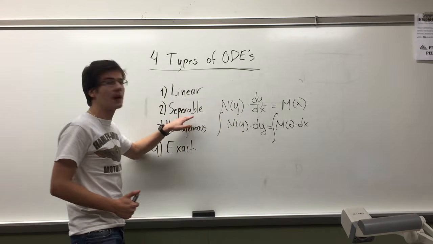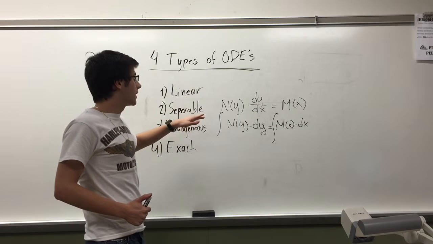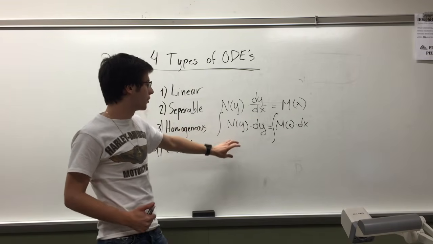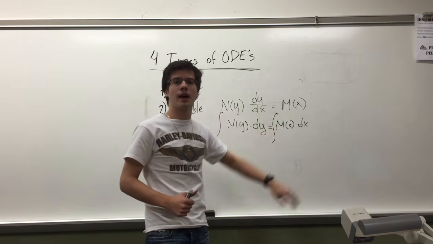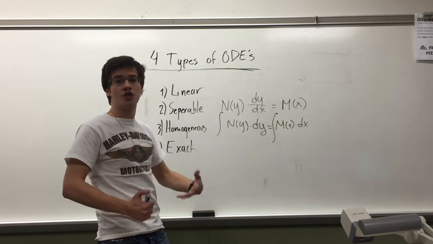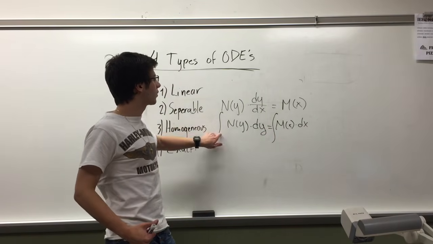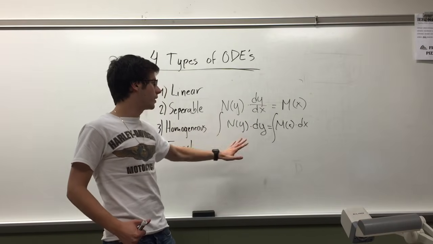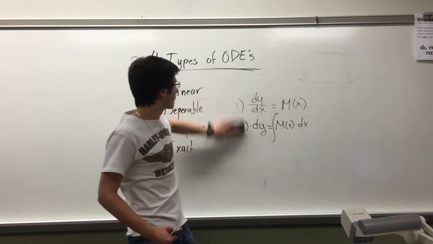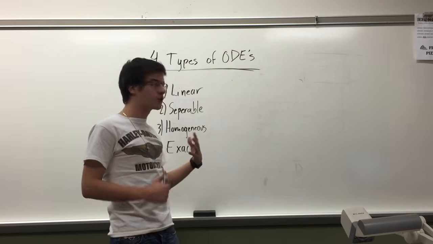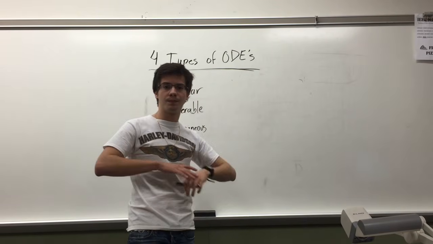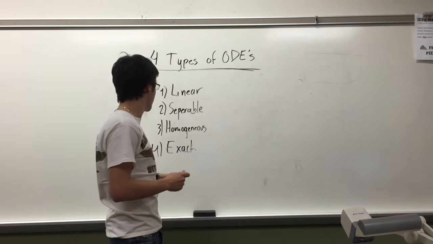That's why it's called a separable ODE, because we're able to separate the variables into function of y on this side, function of x on this side. And then our strategy to solve them is to simply integrate both sides, and then we can easily find a solution.